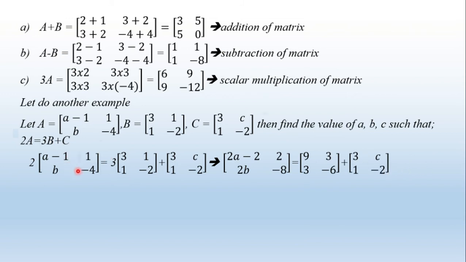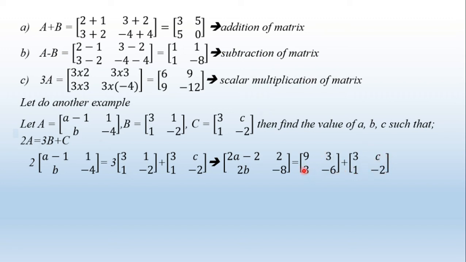Here we substitute: 2 times the matrix A equals 3 times the matrix B plus C. We multiply each entry by 2 and by 3, and the result is 2a, minus 2, 2b, 2 minus 8 equals 9, 3, minus 6, plus 3c, 1, minus 2.